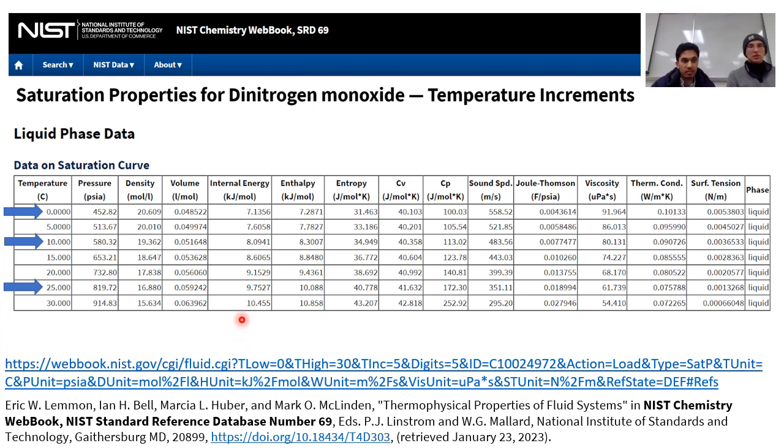So if you haven't taken thermodynamics yet and don't know about phase diagrams, what you'll eventually learn, what I'll try to briefly touch on here, is that with water, for example, you can put water in a box and lower the pressure to the point where the water will start to boil, even though it's not hot.